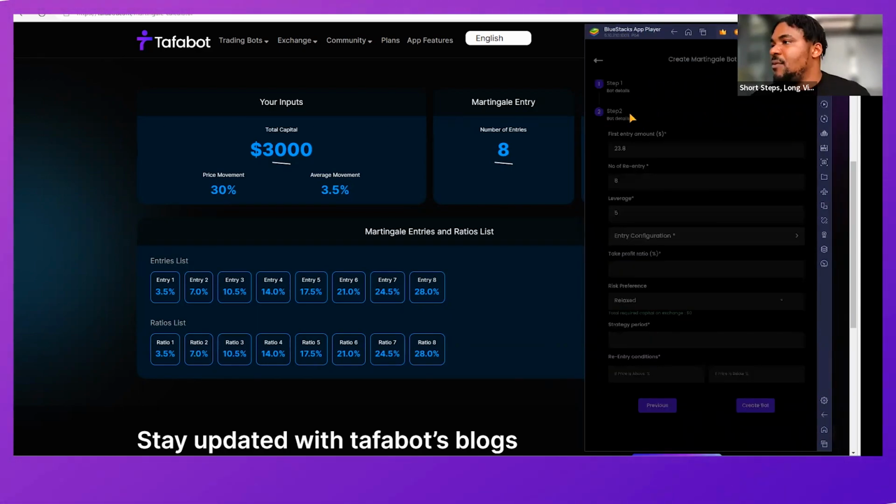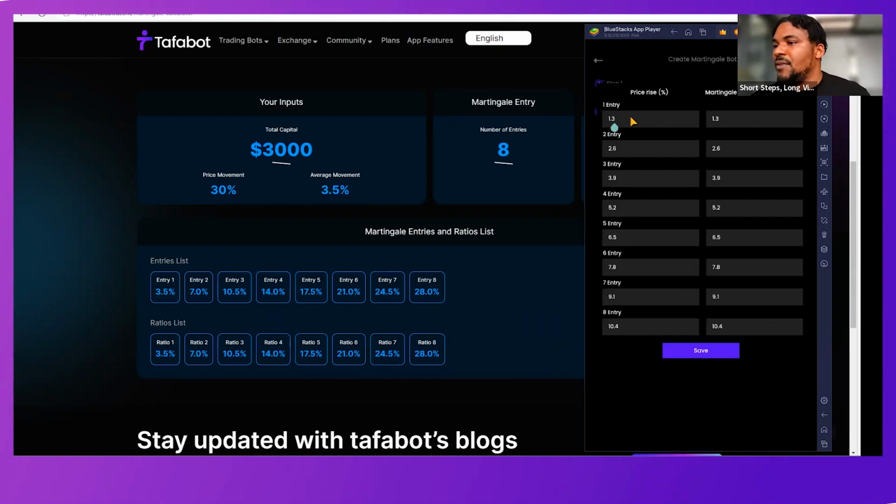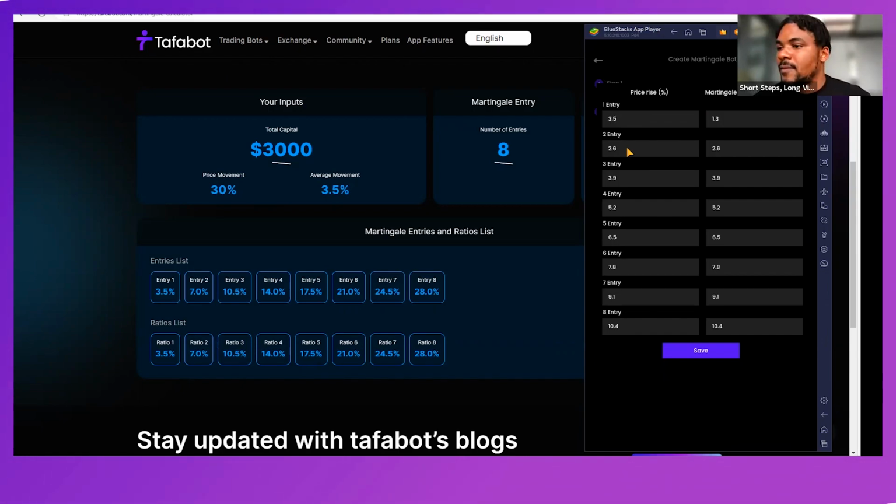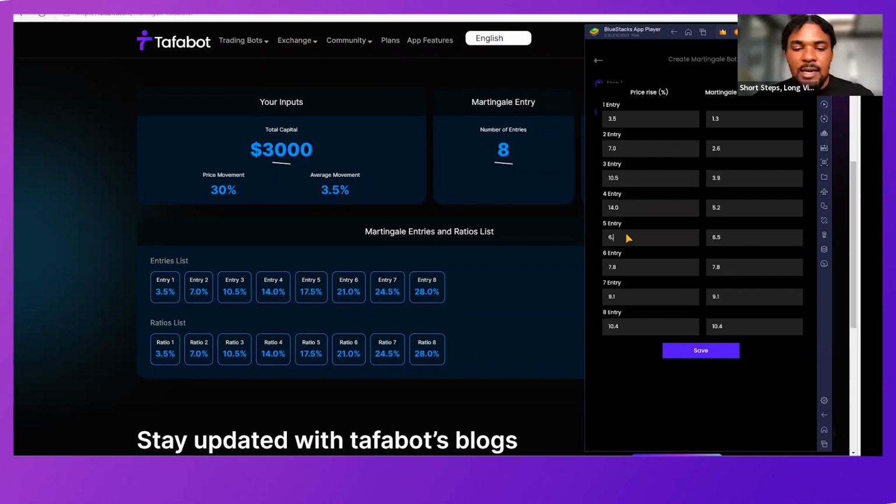And then I go for my Martingale configuration. I have 3.5. And then I have 7.0. Then I have 10.50. And I have 17.5.